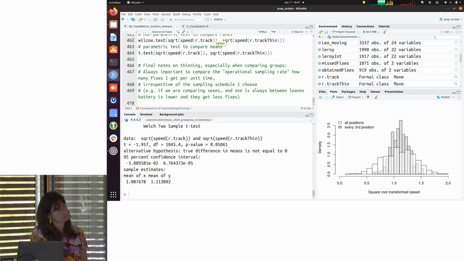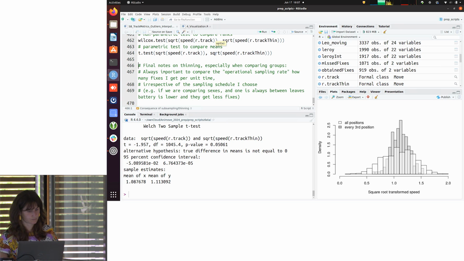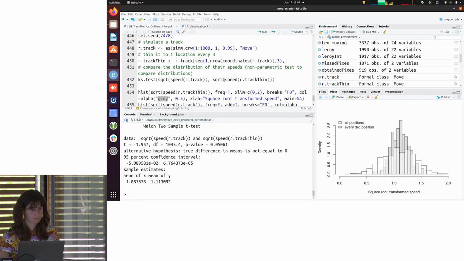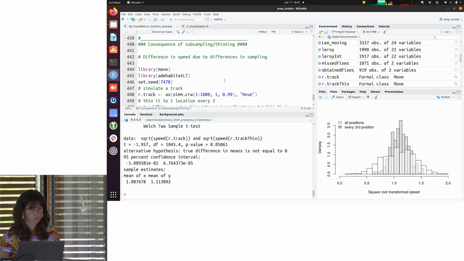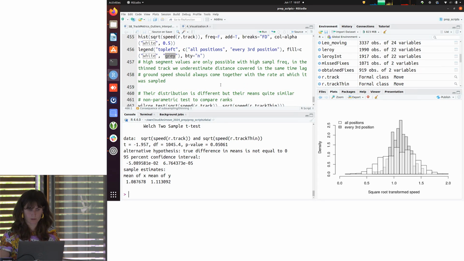If you have really irregular data, you can have one location at 10, and the next location at 11:30, so you have 1.5 hours between them, and then maybe the next location is at 12, so then you have half an hour. So it depends. If you have really irregular data, AMT does a better job at sampling.